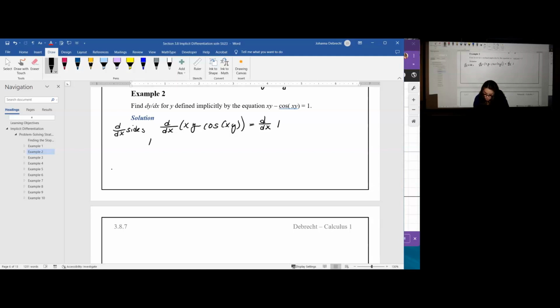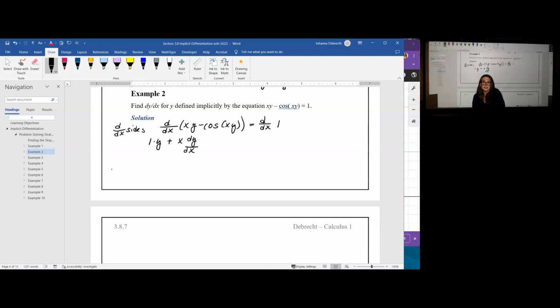So I get 1 times y for f prime g for the first one, plus, now I do the derivative of y, which is dy/dx, times x, g prime f.